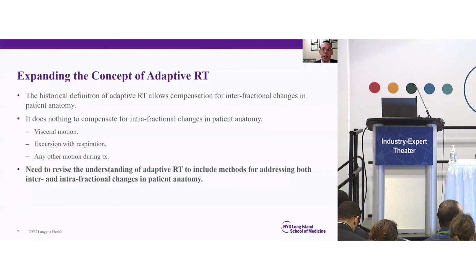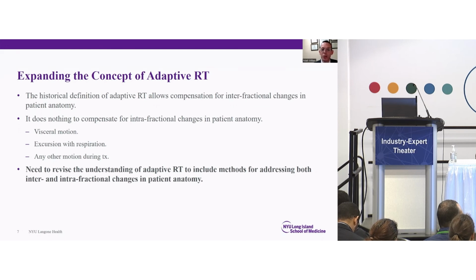So I think what we need to do is expand the concept of what we consider to be adaptive RT. The historical definition of adaptive RT allows compensation for interfractional changes in the patient anatomy, that is, changes between treatment sessions. But it does nothing to compensate for intrafractional changes in patient anatomy, that is, those changes that occur during treatment, visceral motion, excursion with respiration, or any other movement during treatment.